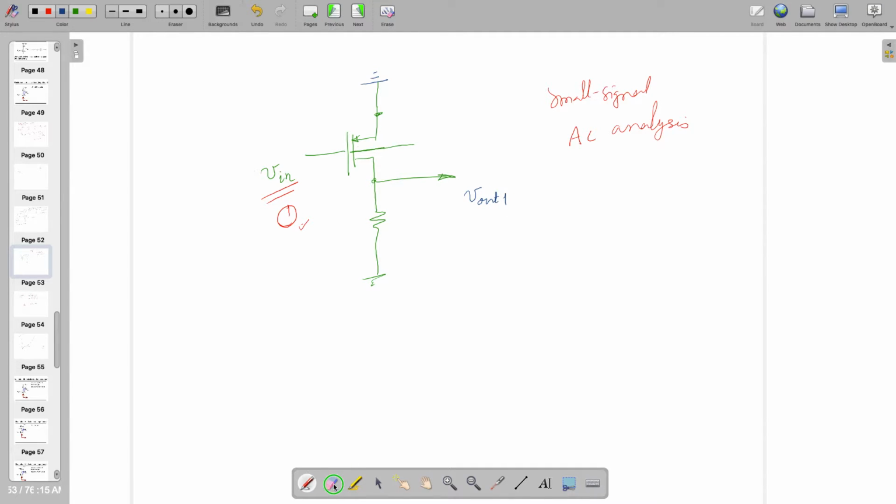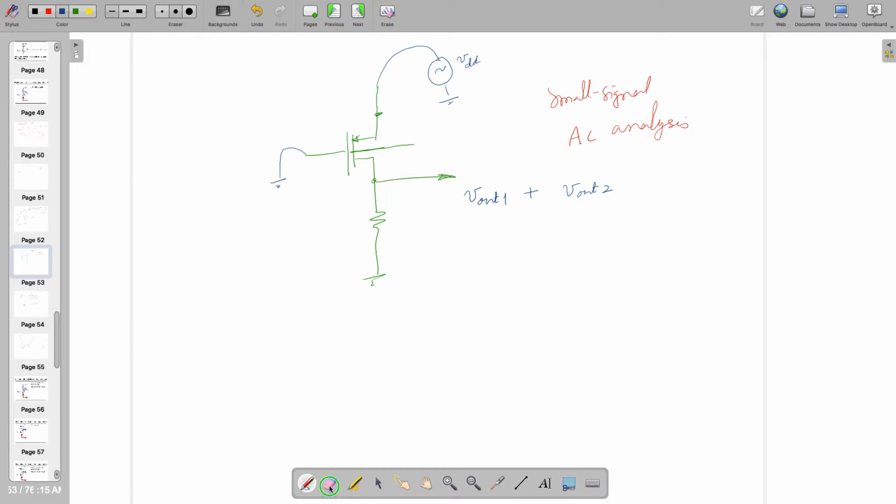Then the next procedure, we are going to make this one zero, and we are going to consider the next voltage source. Let's call it VDD small signal. And then I am going to check the Vout2. I am going to take the addition of both. It will give me the final answer.